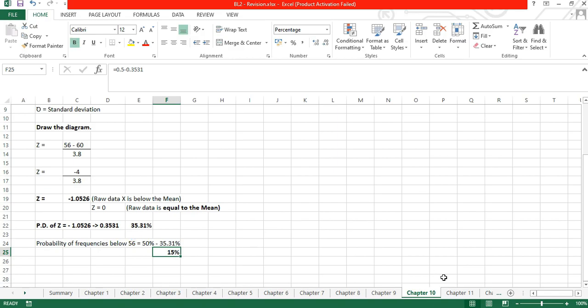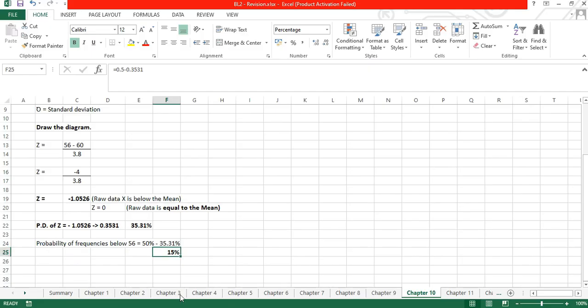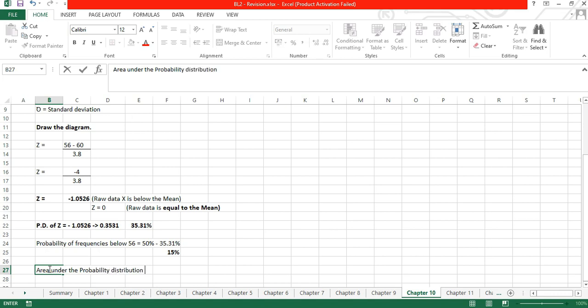You see? So the area under the probability distribution graph is the probabilities. Okay. And remember again, the total area under the probability distribution graph is 1.